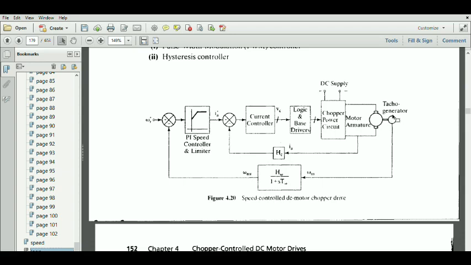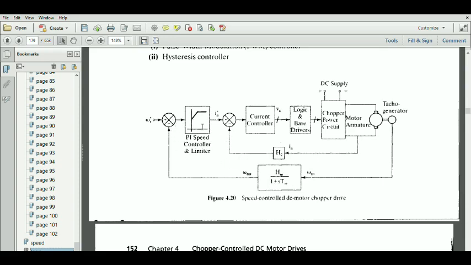The tacho generator generates a signal, and this signal is passed through a filter to make it accurate, because there will be some ripples. To reduce the ripples, we are using a filter. So we take the transfer function of both together as h omega divided by 1 plus s T omega. This is our feedback transfer function.